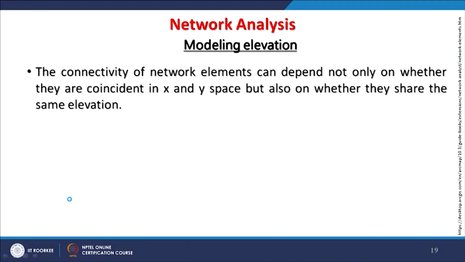Now, when we bring in the elevation part, meaning there are different levels, things become more complex. Very briefly, we will also discuss this part: the connectivity of network elements can depend not only on whether they are coincident in x and y space, that is in horizontal space, but also on whether they share the same elevation or not.